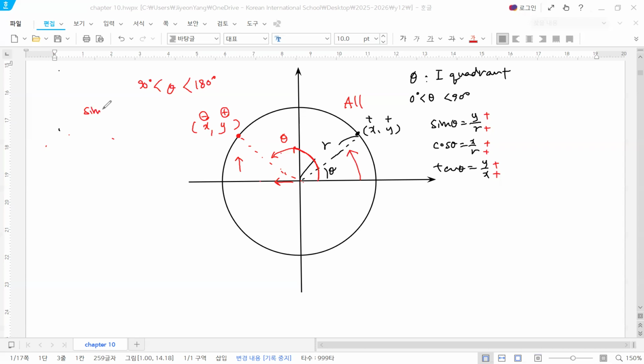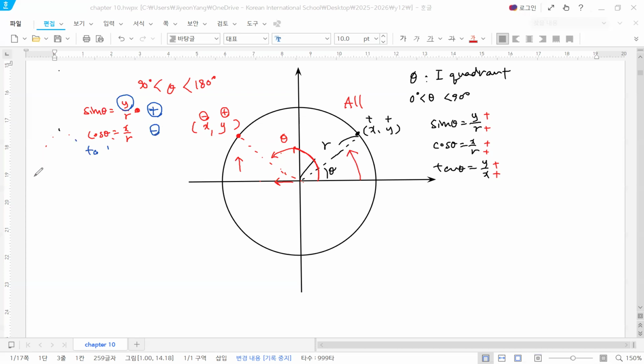Therefore, sine theta, which is defined as y over r, since r is always positive, it should follow the y sign, right? In this case, the sign of y is positive, so the sign is positive. However, cosine theta, defined as x over r, since the sign of x on the second quadrant is negative, cosine should be negative.